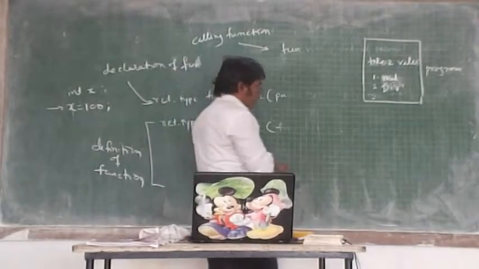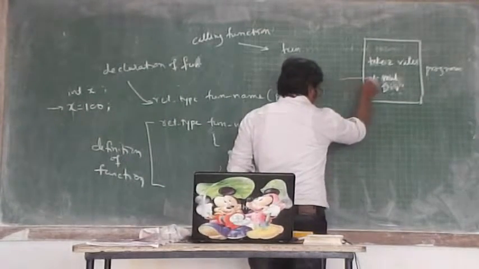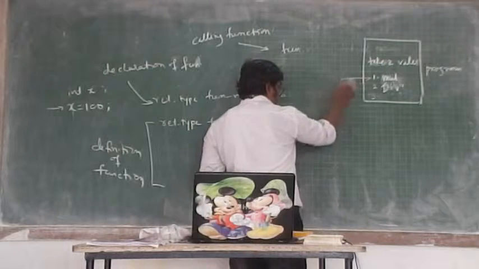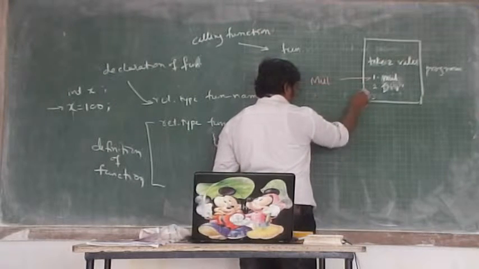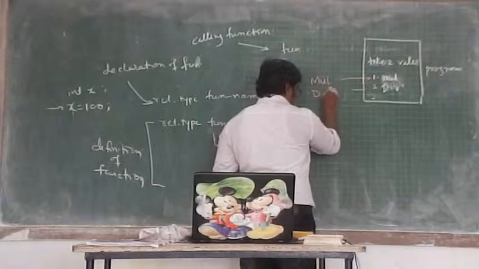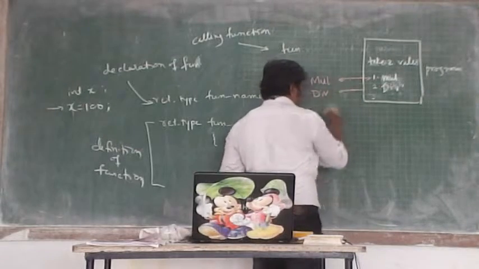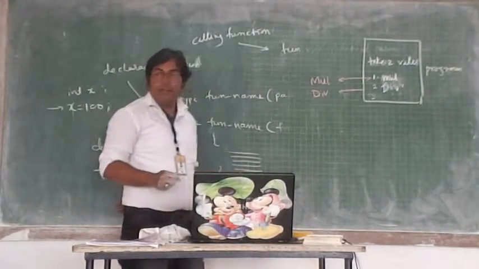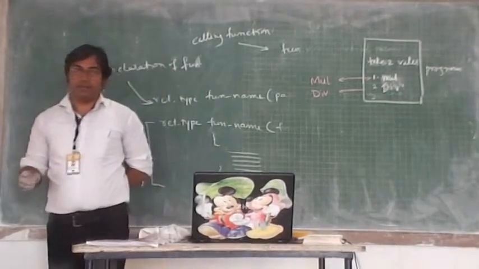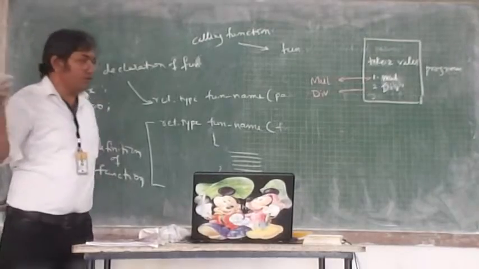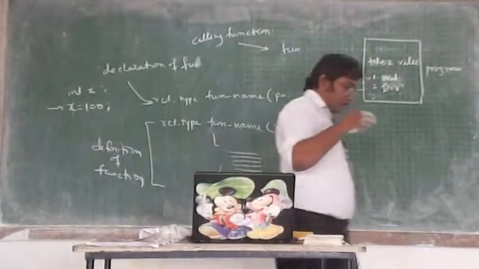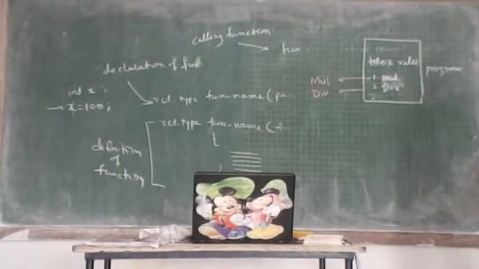So what I do, I assume that I am going to write a function named mul, and another named division. Okay? I am planning what functions I have to write. And I am continuously telling you how to decide, how to go for writing a function.